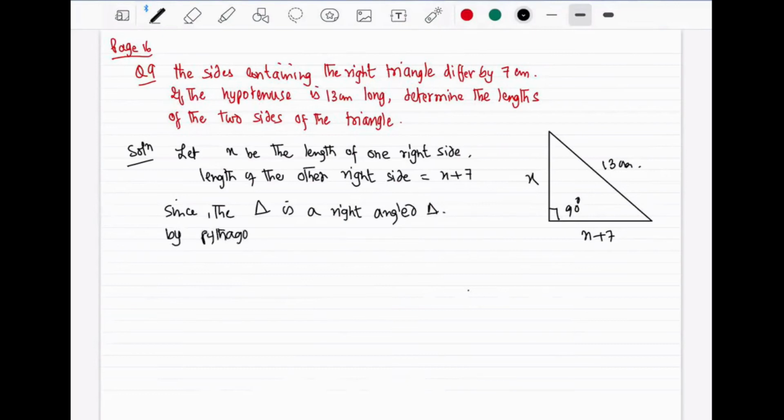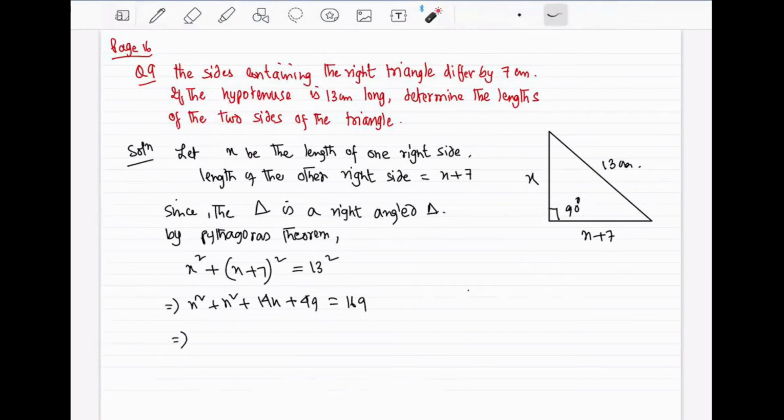By Pythagoras theorem, we have the sum of squares of the two right sides is equal to hypotenuse square. Hypotenuse is 13 square. Open the bracket on the left hand side. x square plus 14x plus 49 is equal to 13 square, which is 169. Bring the 169 to the other side. Add x square and x square, we get twice x square, right?